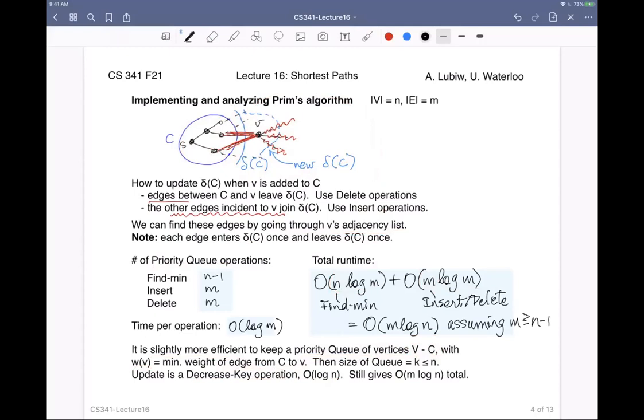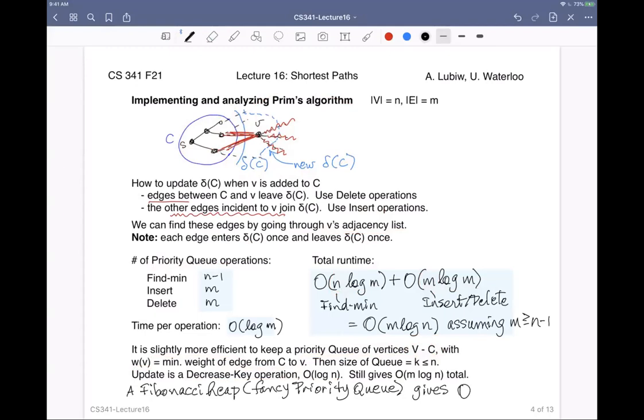And the one last thing I will add here is that the fastest way to implement Prim's algorithm is to use a different way of implementing priority queues. So a Fibonacci heap, this is the name of the fancier implementation of a priority queue. It gives a total runtime that's better because with a Fibonacci heap, you can do a decrease key in order 1.